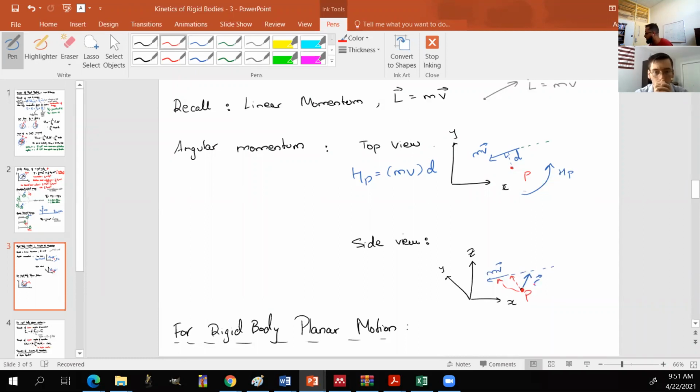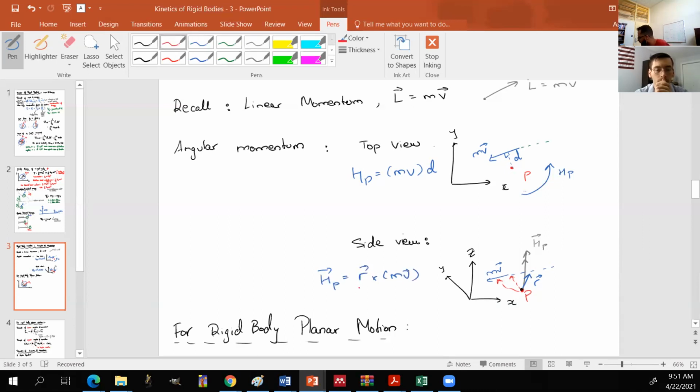And then you basically get your angular momentum is going to equal R crossed with mv, right? And that is always going to give you, right-hand rule, a direction which is perpendicular to the plane containing mv and R, right? That's just from the definition of cross products. So here, HP is just equal to R crossed with mv, like that.